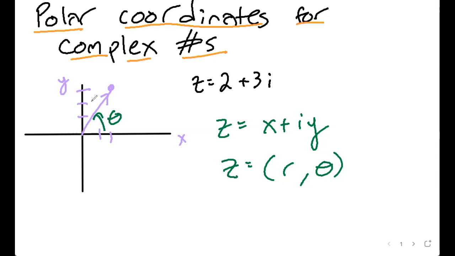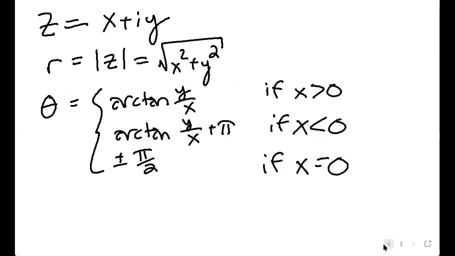It's the angle you are from the positive x-axis. So this distance here would be the r, that angle there would be the theta. And the equations to convert a complex number to polar coordinates are exactly what you would expect them to be.